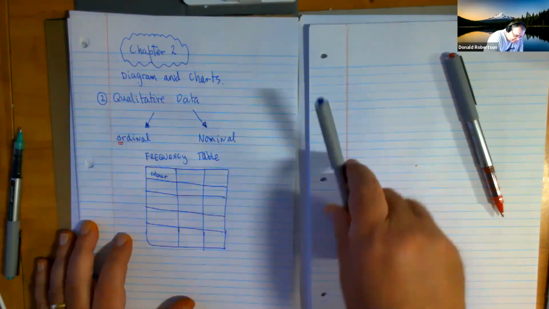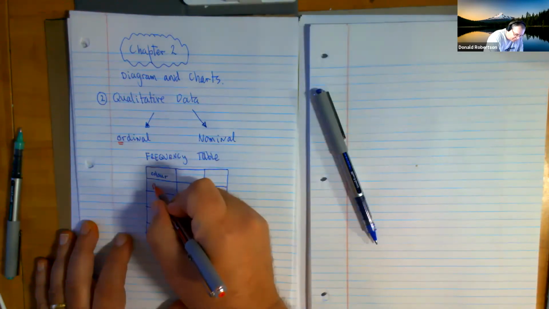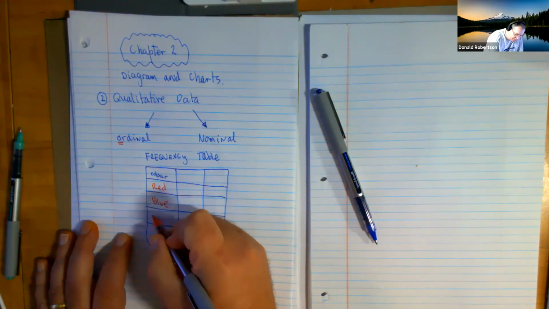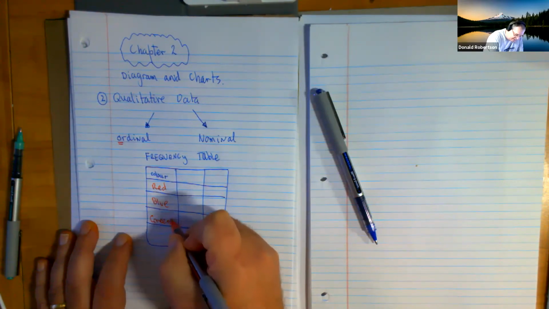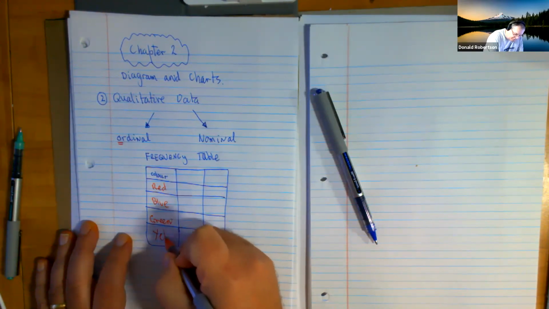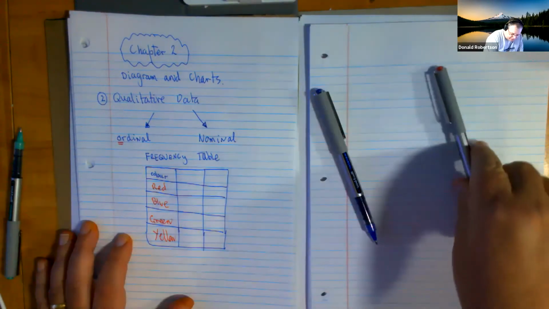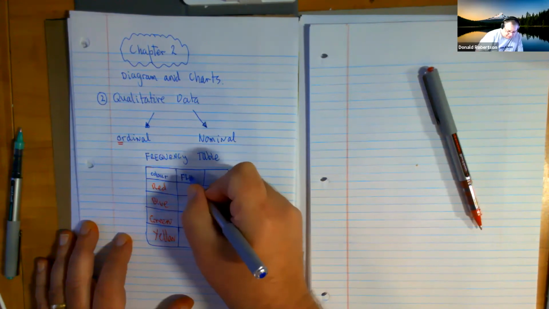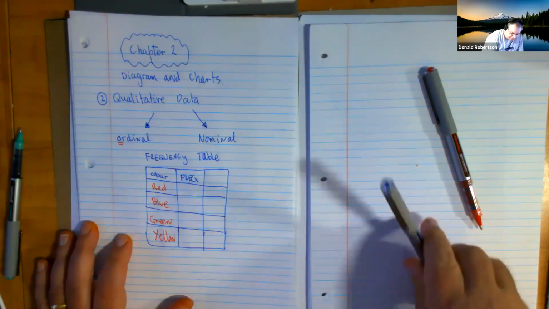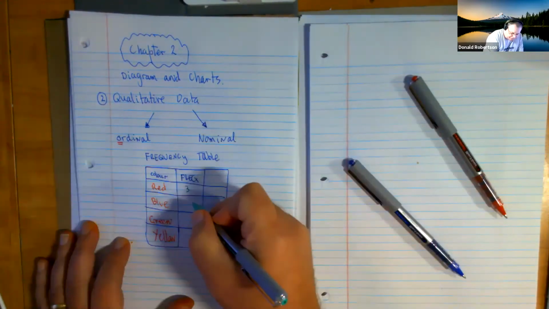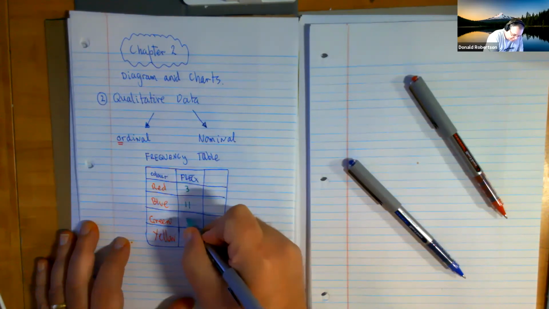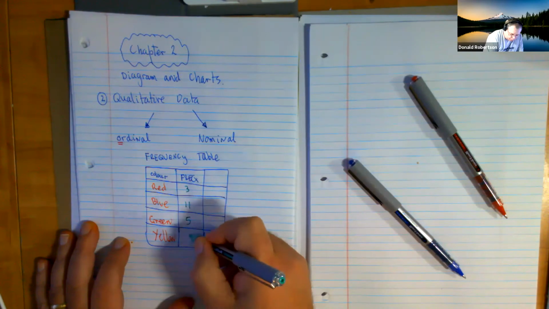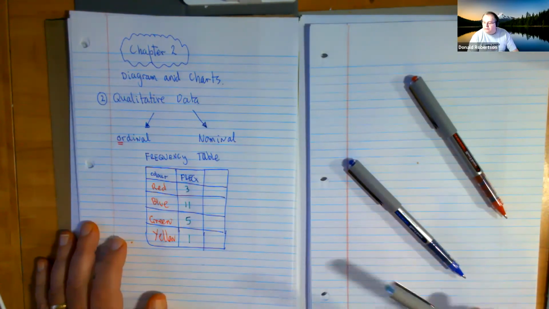And we got red, we got blue, we got green, and let's say yellow for whatever reason. The second column will be called frequency. And essentially what you have here is 3 of them like red, 11 like blue, 5 like green, and only 1 of them likes yellow.